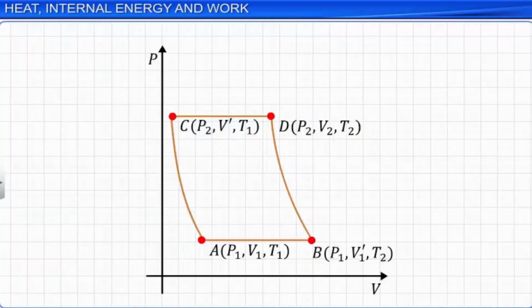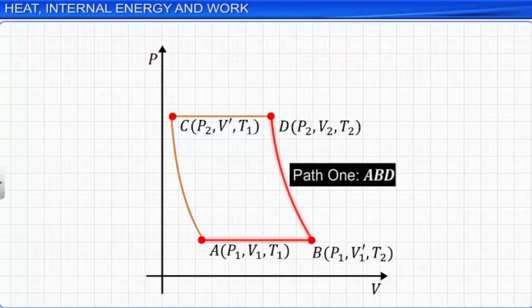In this experiment, we have taken the system from its initial state P1, V1, T1 to a final state P2, V2, T2 by two different paths represented by ABD and ACD.